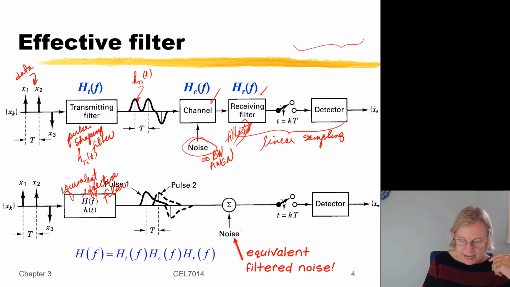And when we're adding here, we have to be careful that we don't add the infinite bandwidth noise, because there's no filter following this noise, but it would be the equivalent amount of filtered noise. So I mention this just because if you're going to do some Matlab simulations, it's important to realize that when you decide to lump together all your filters here, you have to be careful that your noise is the equivalent filtered noise.